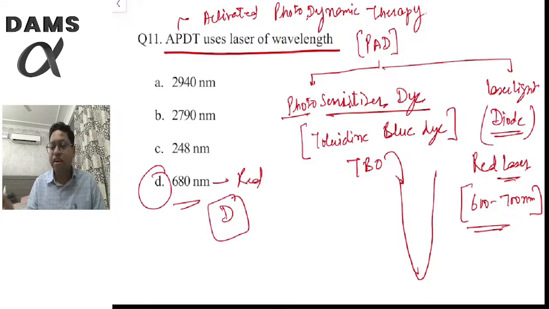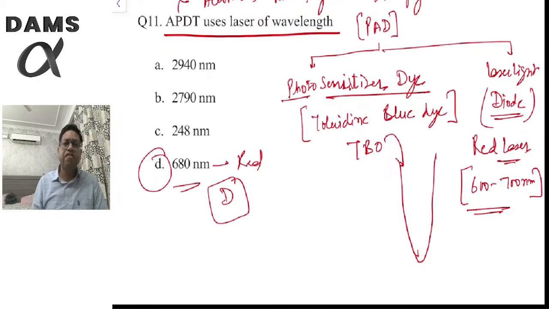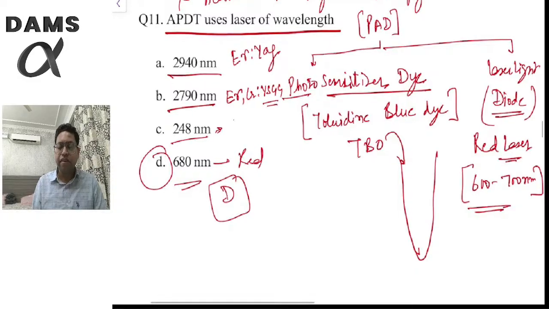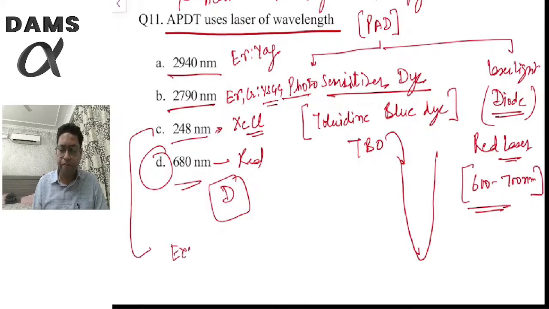So what laser is used? Red laser is used. If we look at the wavelengths, these wavelengths are the commonly used lasers inside dentistry, 2940 nanometers. It is a erbium YAG laser. 2780 nanometers. It is erbium chromium YSGG laser. 248 nanometers is a xenon chloride laser, excimer laser.